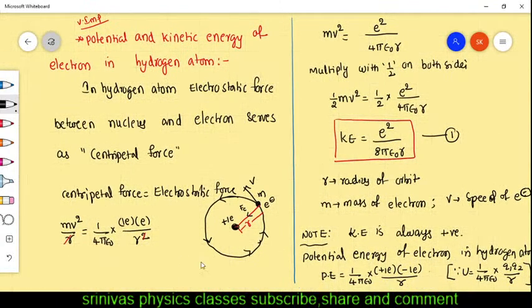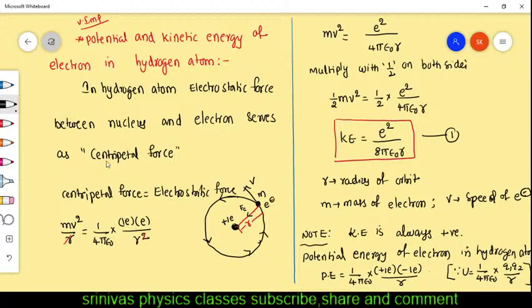Yes, this is the beginning. You see, this is the positive charged nucleus that is attracting the negative charged electron which is moving in the circle. That attraction force serves as a centripetal force. Because to maintain any body in the circular path, the necessary force is the centripetal force. Without centripetal force, no one will move in the circular path. That's why the centripetal force will serve as electrostatic force.